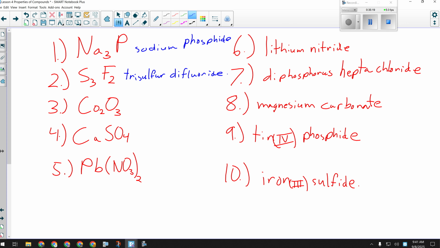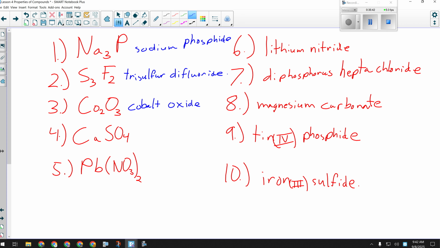All right, for number 3, okay, I've got cobalt and oxygen, right? Ionic or molecular? Ionic, okay, so I follow the ionic rules. It's cobalt, it's with oxygen. Does it need a Roman numeral? Yeah, it does. Okay, cobalt can be a 2 or a 3.